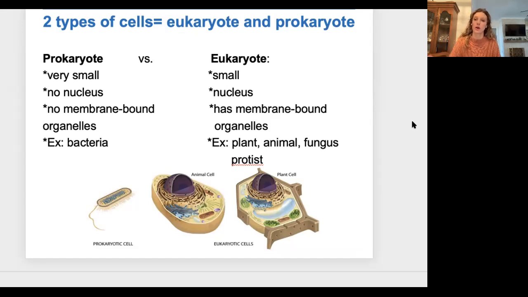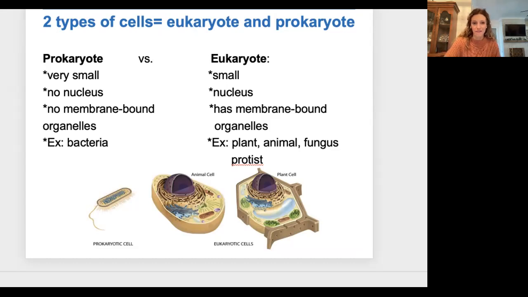You also have membrane bound organelles. So examples of cells like this are going to be plant, animal, fungus, protist. So basically bacteria, prokaryote; eukaryote, plant, animal, fungus, protist, you have a nucleus. Okay, so I know that was a lot. Pause the video if you need a second to get that T chart down.